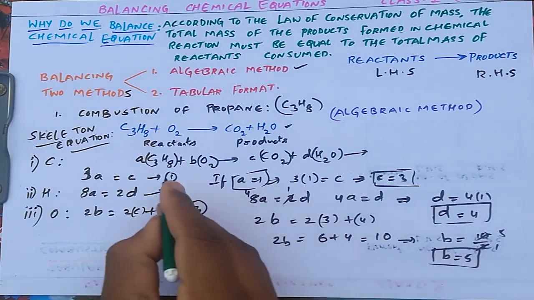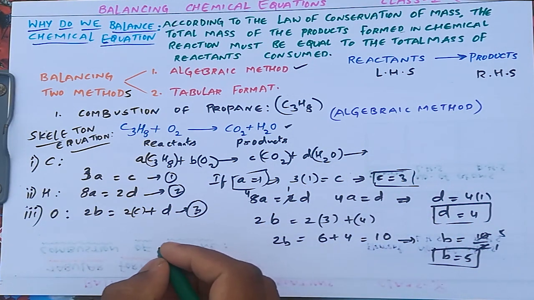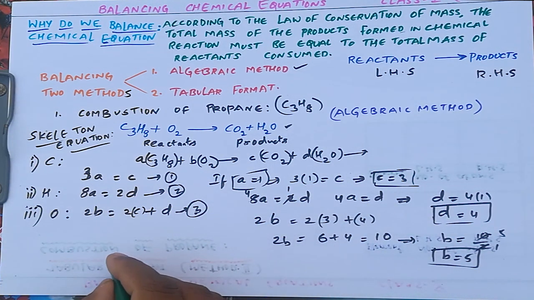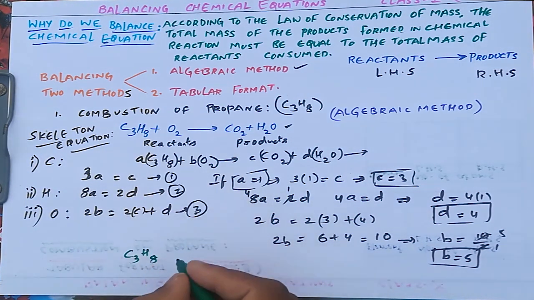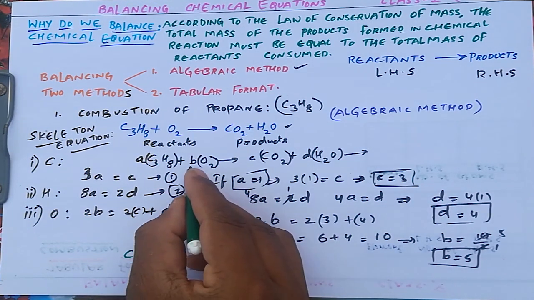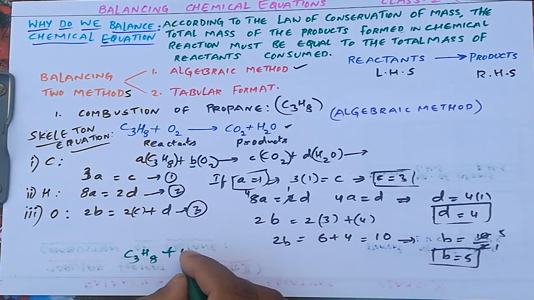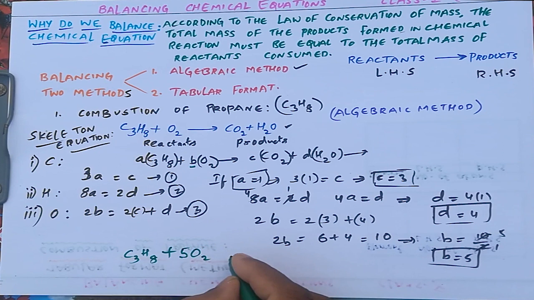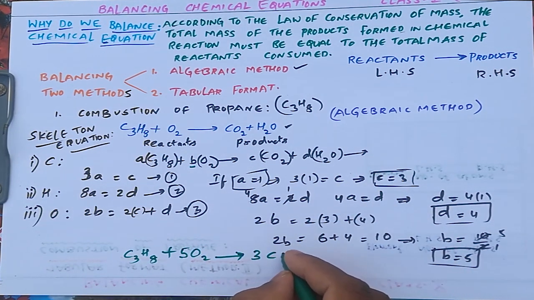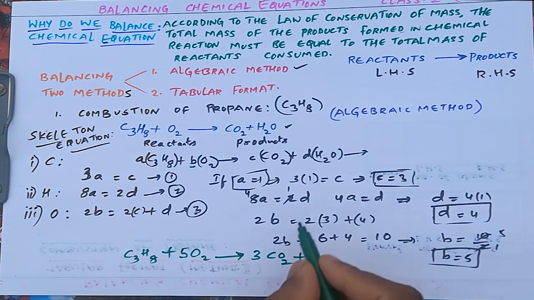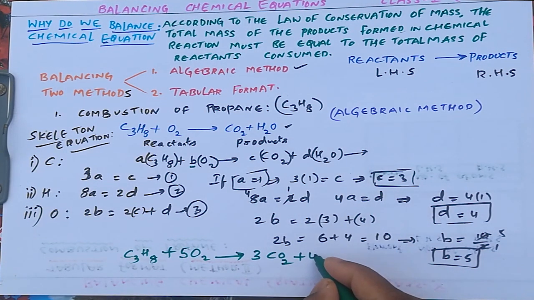We get A as 1. Remember, if the value is 1, no need to write 1, but from 2 we can write. So C3H8, I am not writing the A value 1, plus the B value, which is 5, so 5O2, gives rise to the C value, which is 3, so 3 times CO2, plus the D value, which is 4, so 4 times H2O.